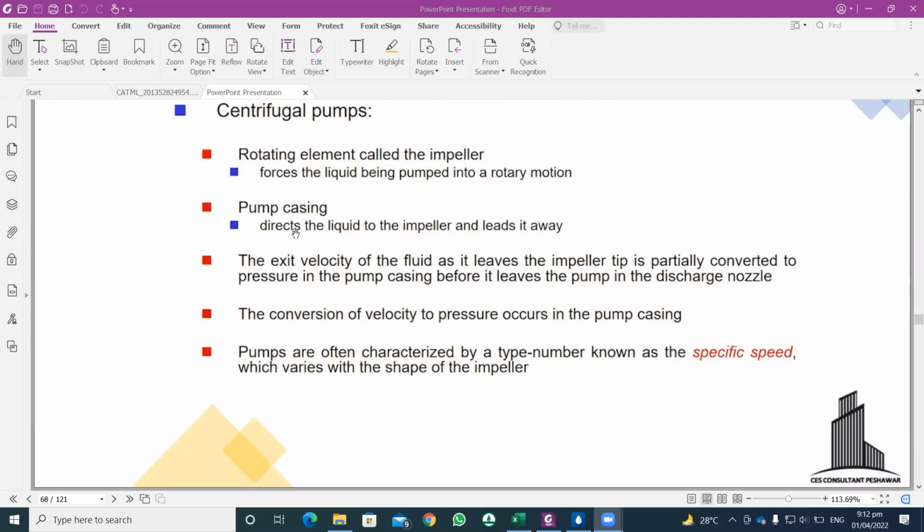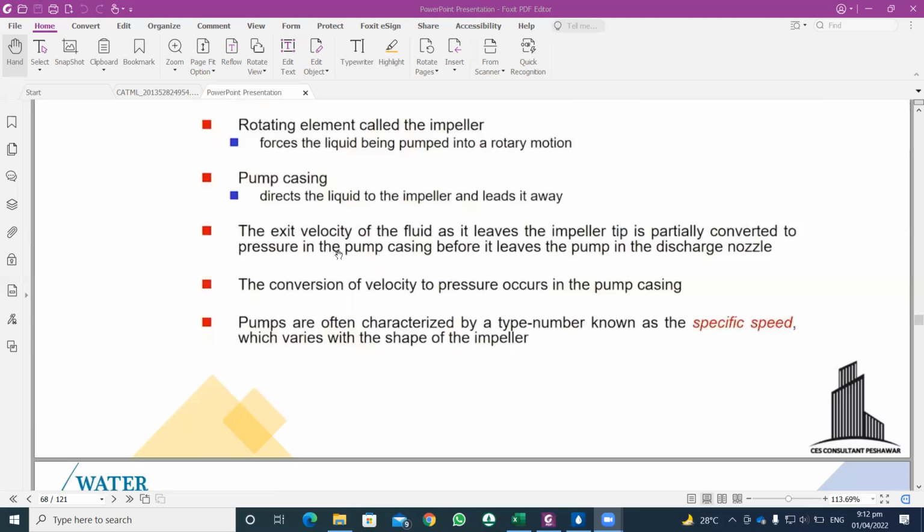The centrifugal pump also consists of a pump casing, which gives direction to the liquid to go through the impeller and then leads it on its way. Mostly the velocity of the fluid as it leaves the impeller tip is partially converted to pressure. At the downstream of the impeller, a volute is connected to the pump.